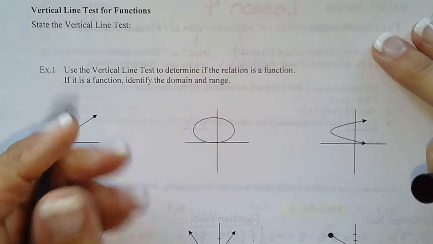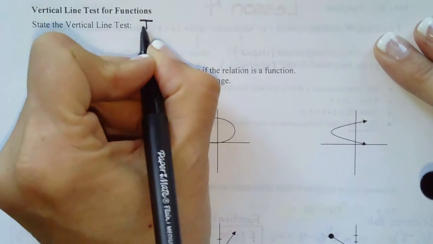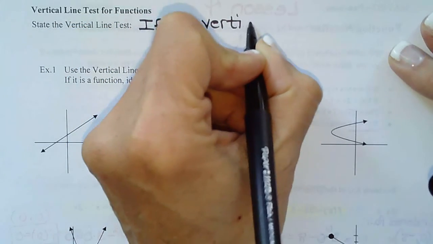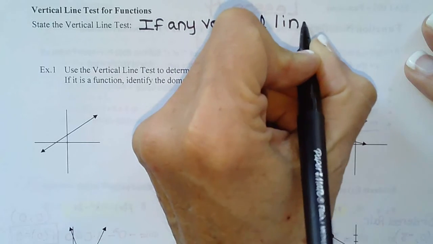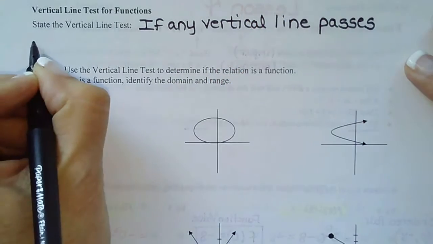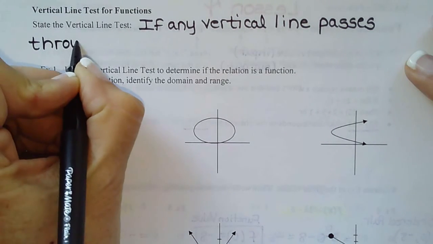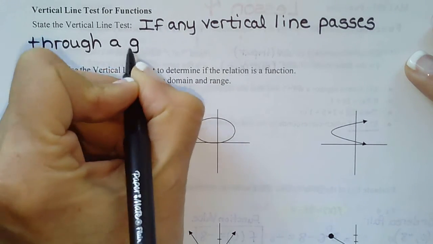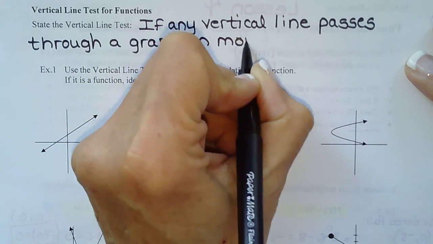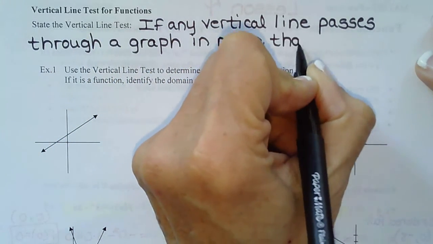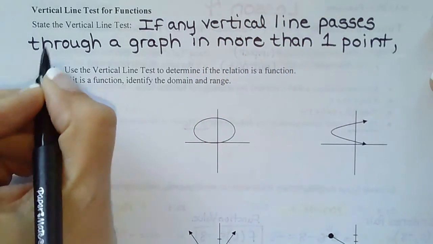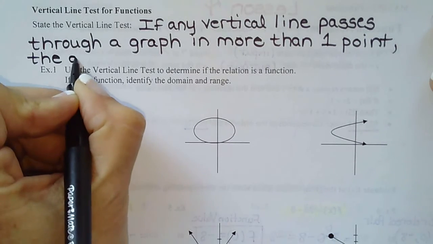And the vertical line test says if any vertical line passes through a graph in more than one point, the graph is not a function.